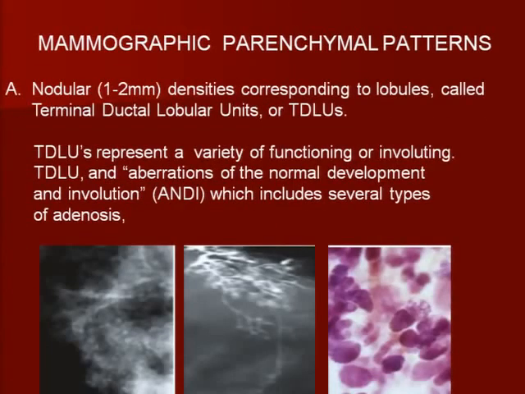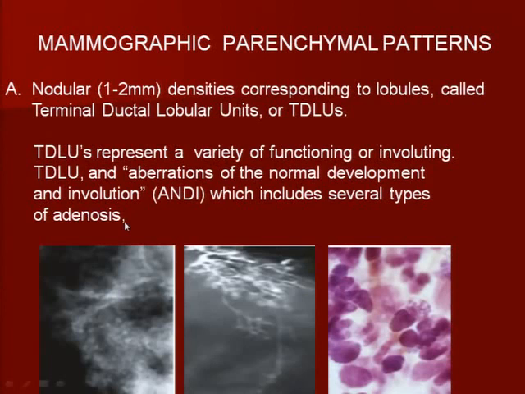Tabar. Okay, he said the nodular densities are usually 1 to 2 millimeter densities. They are in the lobules and they call the terminal ductal lobular unit. And they represent both functioning and involuting TDLUs. This is where the cancers occur. And sometimes you can get the aberration of the normal development and involution, which includes several types of adenosis.